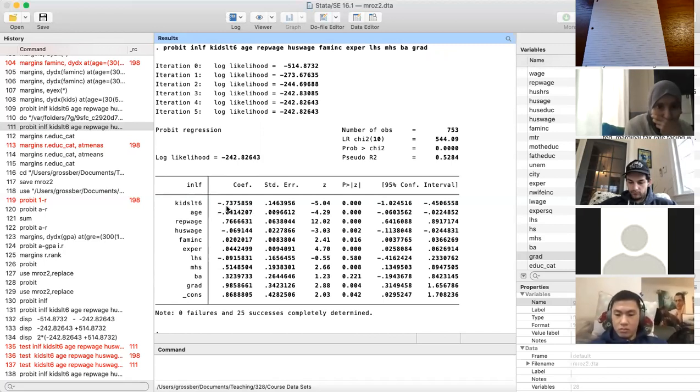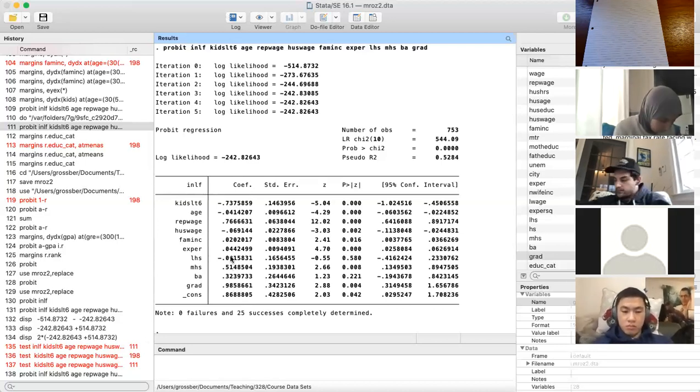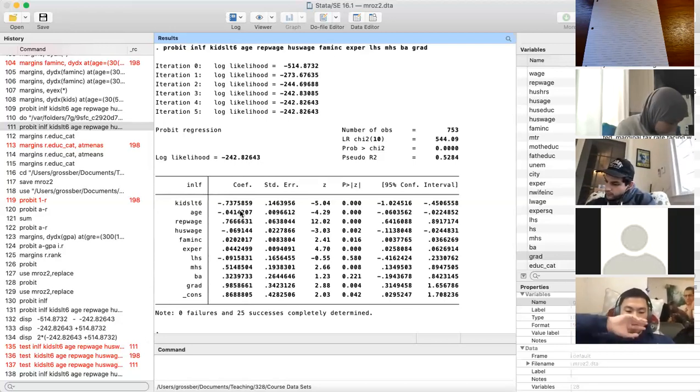This 0.737 number doesn't have a clear interpretation. We would have to transform this in order for it to be meaningful. So we can take the signs seriously. They tell us the direction of the effect, but the magnitudes we cannot read off of this output.